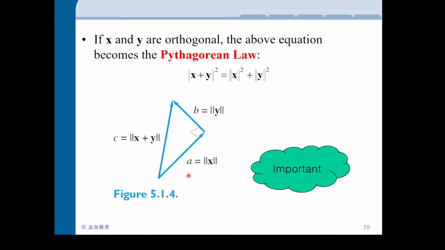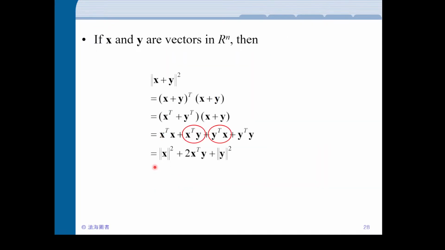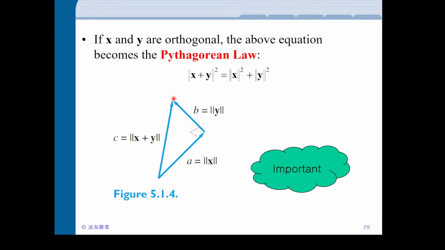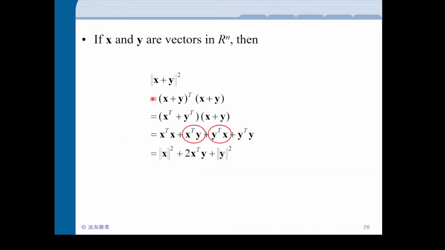I guess also something nice is we can have the Pythagorean law in Rn. So we think about the length of x plus y squared. We have two vectors x and y. Then you can think about the length of x plus y squared and see the geometry first. So we have x here and y here, and this vector will be x plus y. The length of x plus y squared, calculated in terms of inner product, will be x plus y inner product with x plus y.